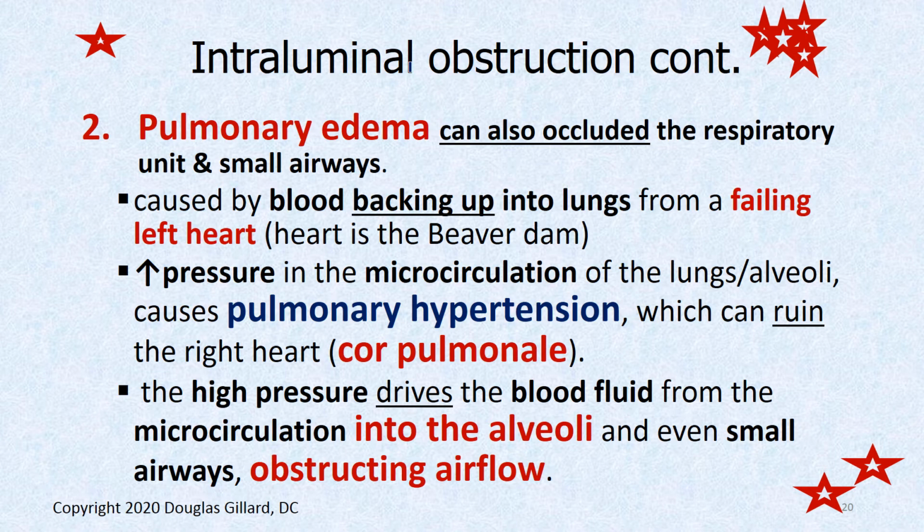The lungs would be upstream from the heart, and you start getting blood fluid. There's no interstitium. You just pour blood fluid directly into the alveoli. There's a tiny interstitium between, but the alveoli start, and that respiratory unit starts getting filled up with fluid, and therefore you have an obstruction that way.